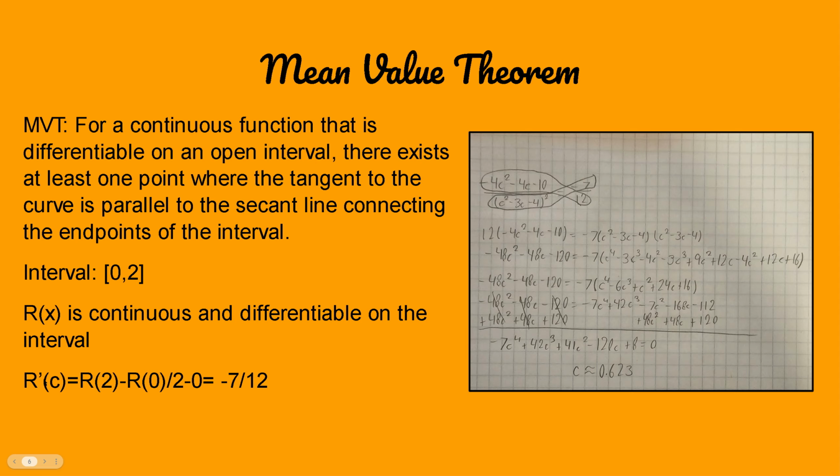Now, in order to find r prime of c, we use r of 2 minus r of 0, divided by 2 minus 0, which is our interval, and we get -7 over 12. We set that equal to our first derivative, and then we cross multiply. We multiply over here, use the distributive property, combine like terms, get everything on one side, set everything equal to 0, and we find that c is equal to 0.623.